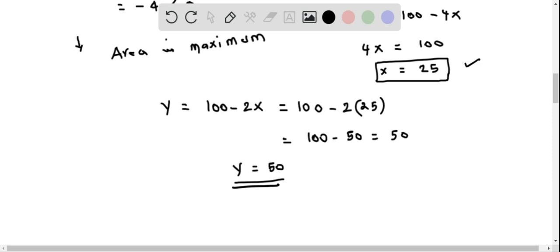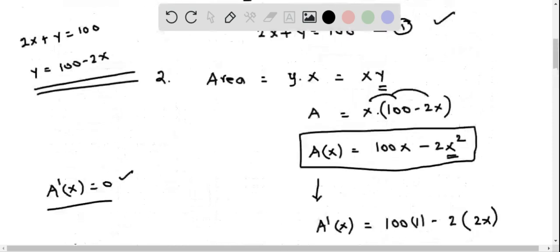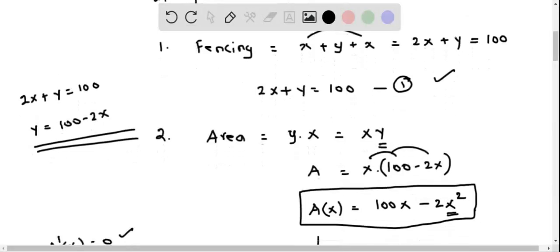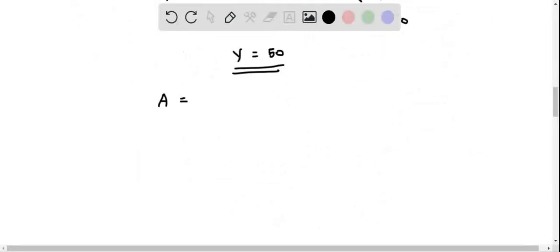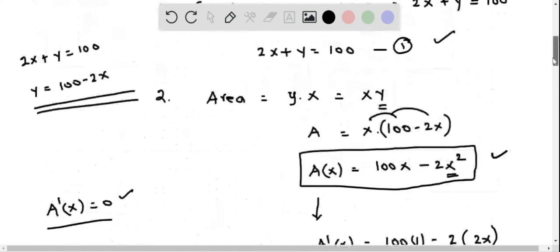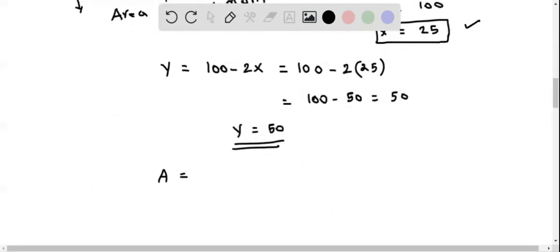We can also find the corresponding area. So let's use the area equation, 100x minus 2x squared, or otherwise we can use this equation. This one is simple. Since we have determined y as well, we can determine the area using the equation x times y.